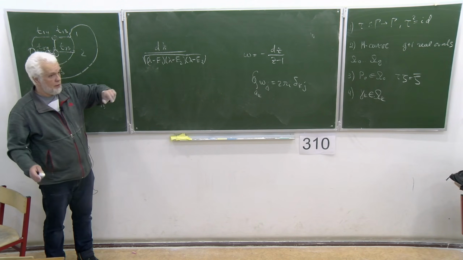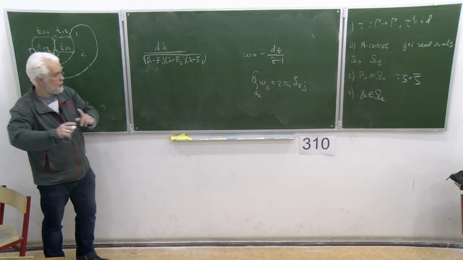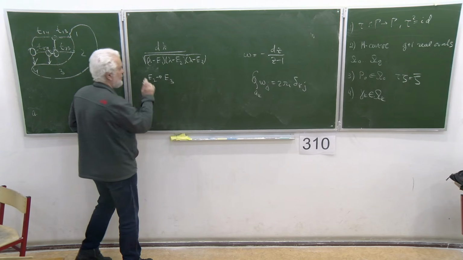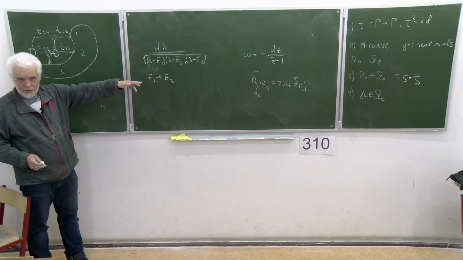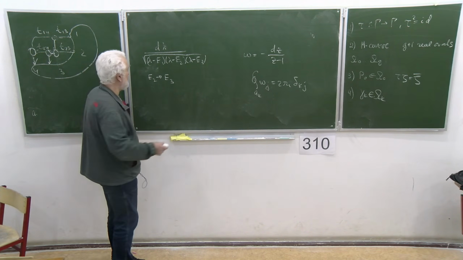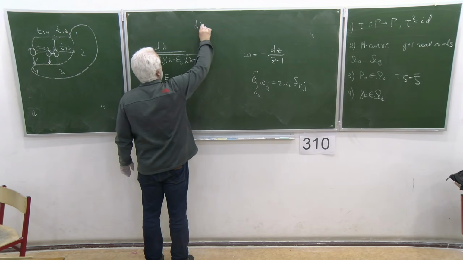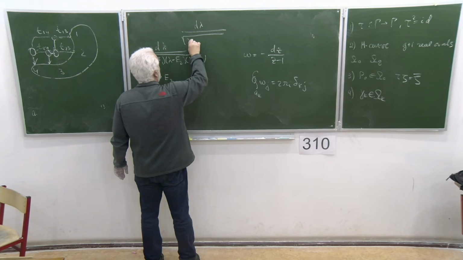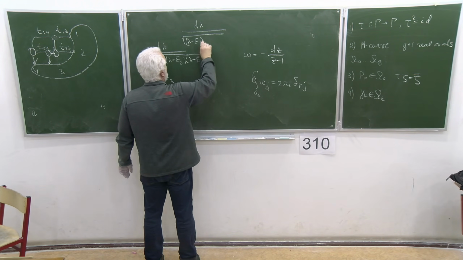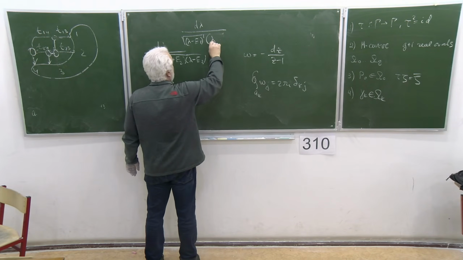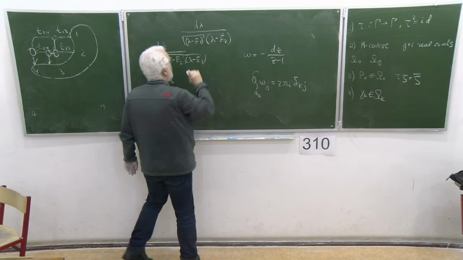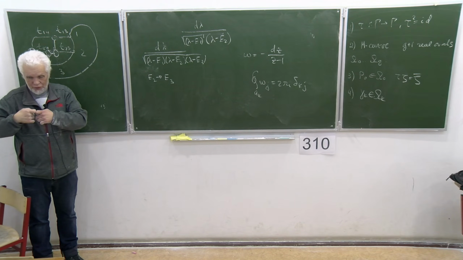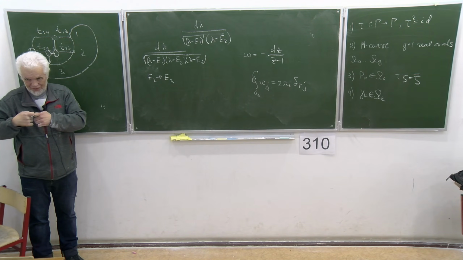What happens if you have degeneration? Degeneration E2 goes to E3. In this limit, when E2 goes to E3, the limit of this differential is d lambda over lambda minus E2 times lambda minus E3 up to a constant.